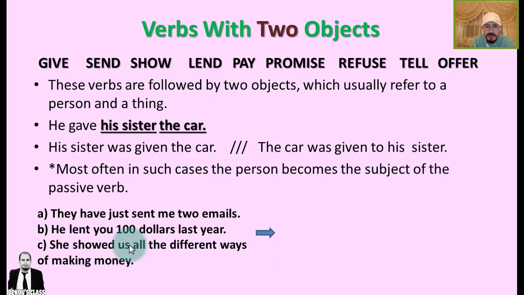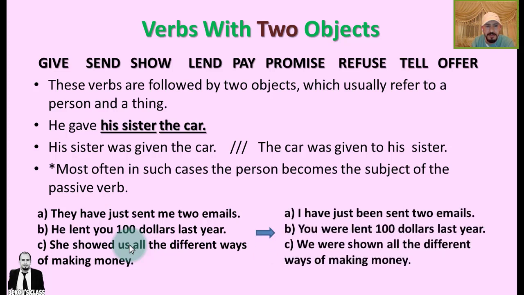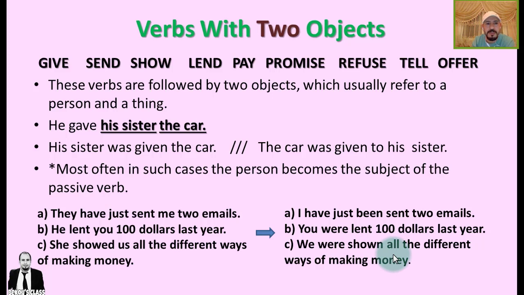So A becomes: I have just been sent 2 emails. B: you were lent $100 last year. And number 3: we were shown all the different ways of making money.